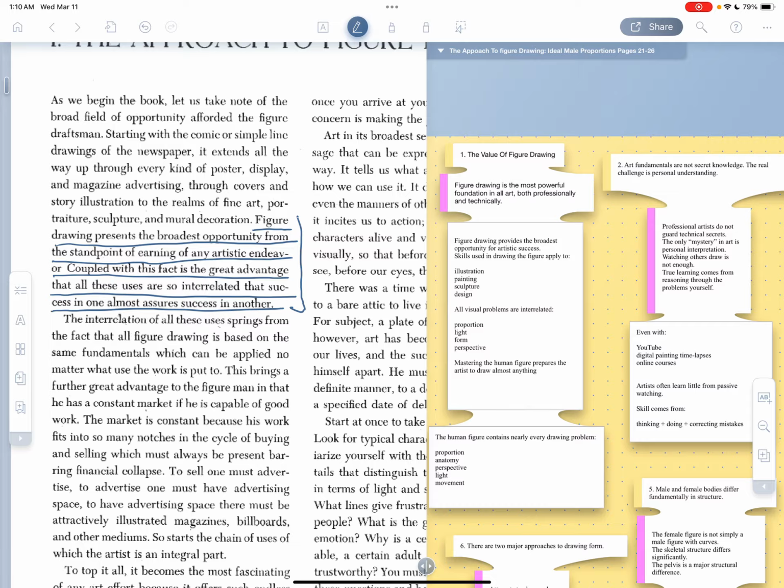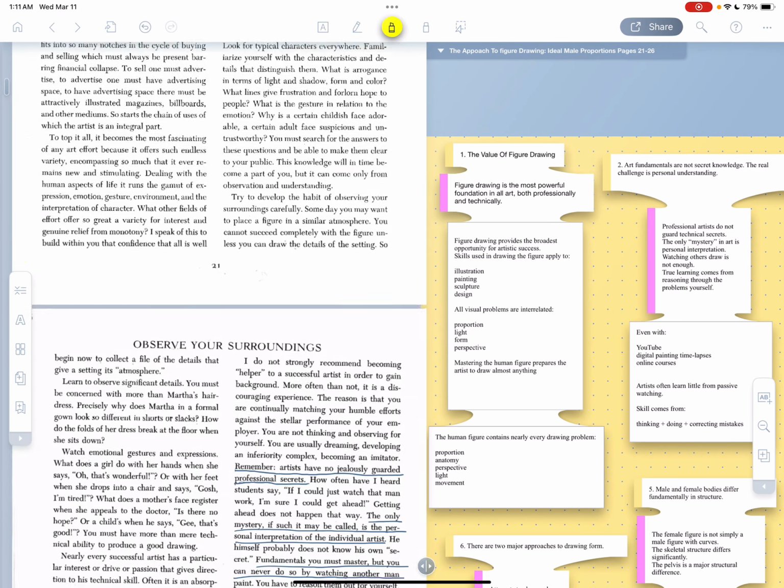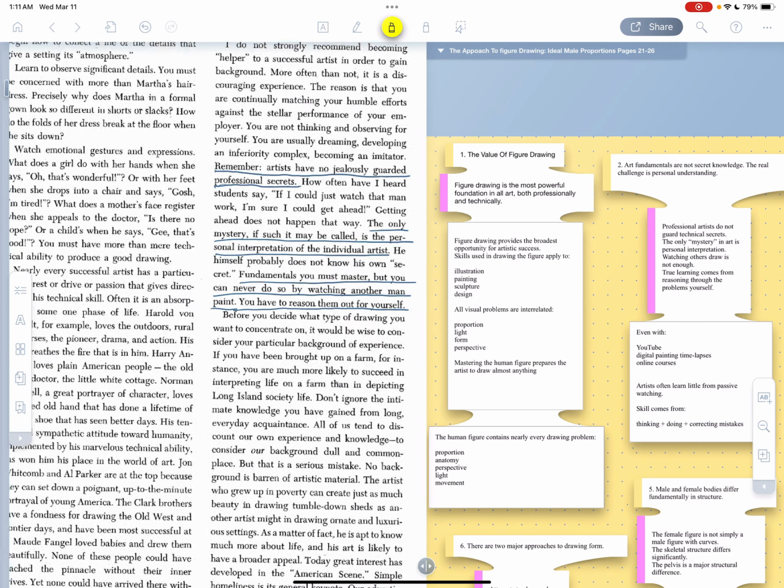All right, so he's talking in a different type of English, but what he's saying is that figure drawing is the most valuable skill of an artist, right? And he's saying that if you could draw the figure, you could draw almost anything, right? That's what he's saying there, and I took that to heart.